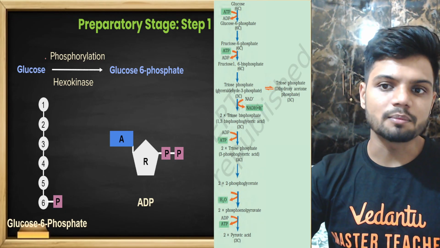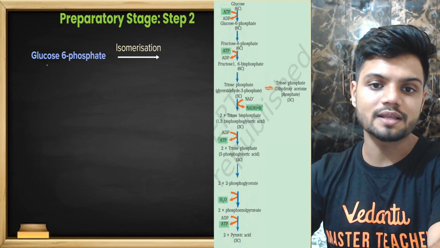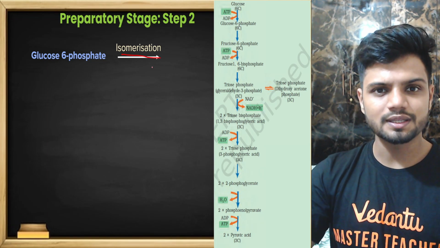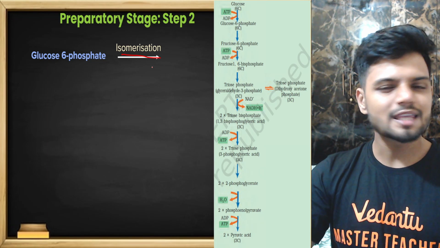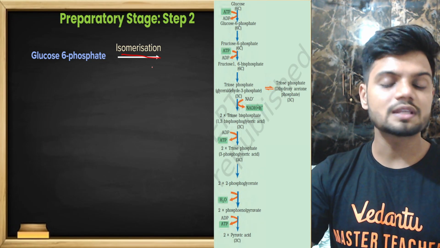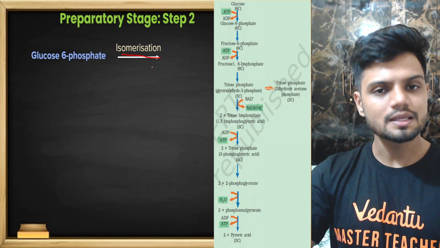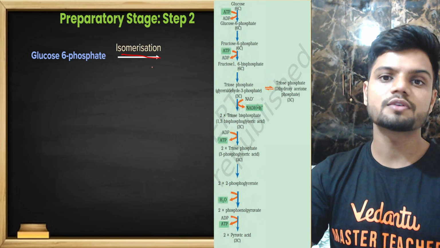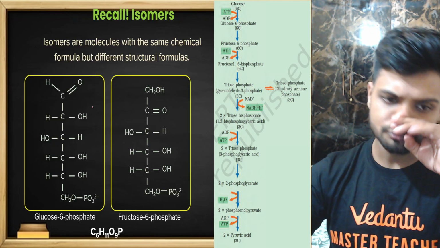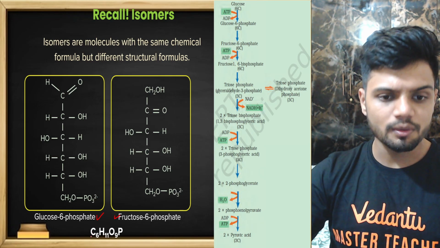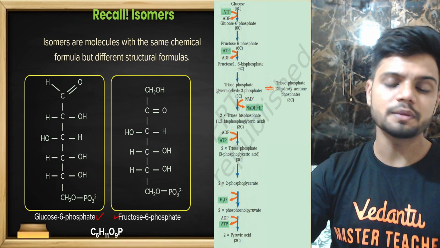Now the second step is called isomerization. In chemistry you might have learned about isomers. Same but different. In isomers, the chemical formula is the same, but the structure is different. For example, glucose 6 phosphate and fructose 6 phosphate, both formula is C6H11O9P.